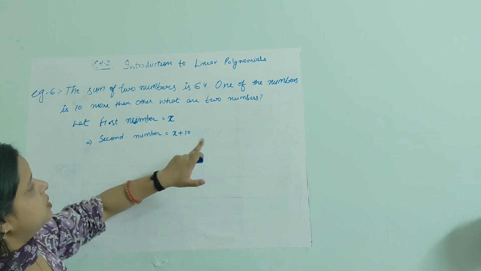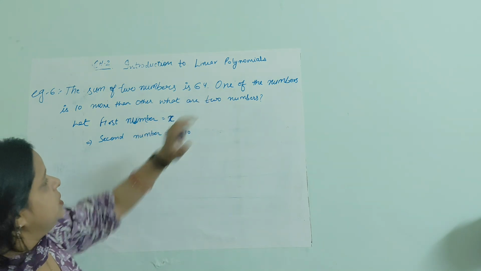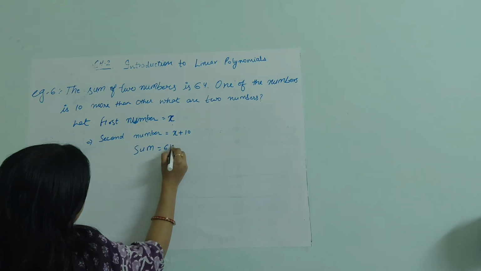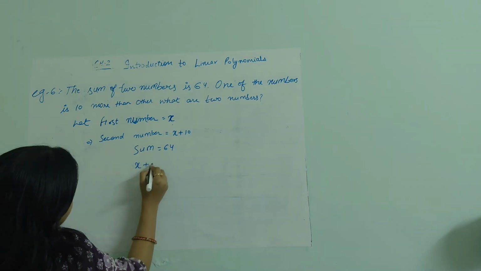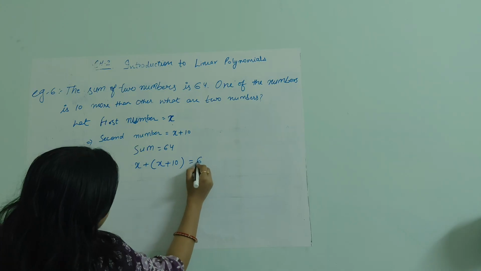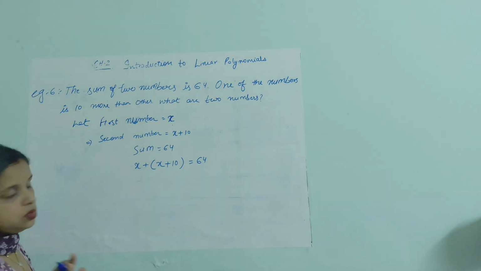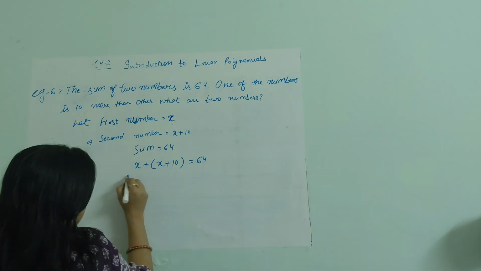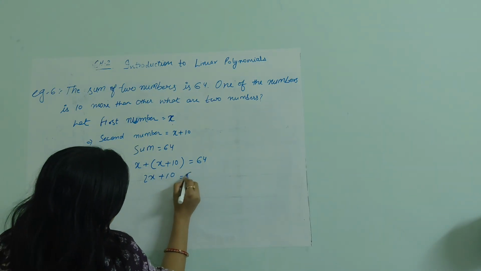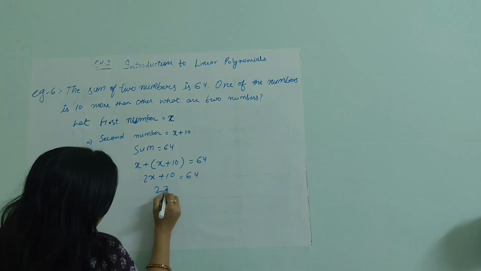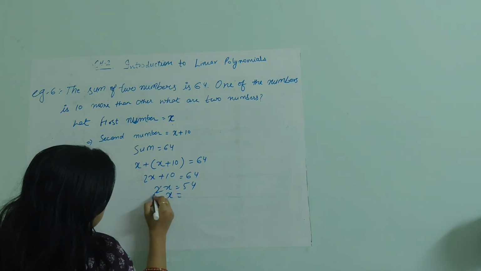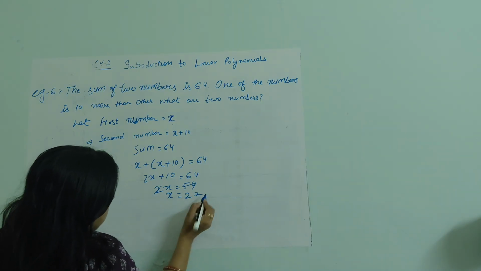So one number is x, the other is x plus 10, and their sum is 64. So we can say x plus x plus 10 equals 64. Correct? Any issues? Let's add them. 2x plus 10 equals 64, which gives 2x equals 54, and x equals 27.